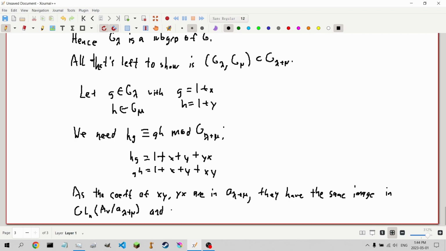And so they are congruent, I guess, is the technical term for it, mod G lambda plus mu. And that is how we get an example, at least, of a filtration on GL of n. And that is the end of that portion of the lesson.